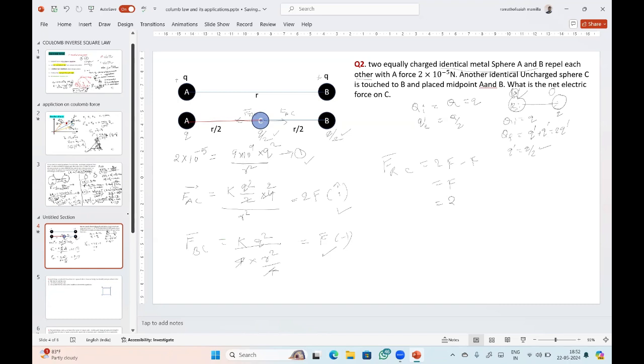That is equal to 2 into 10 to the power of minus 5 newtons. F is already given, 2 into 10 to the power of minus 5 newtons. F is a positive value, so it will be along the line joining A and B, in the direction of the resultant force acting. I hope this is easy to understand. So next question you will see.